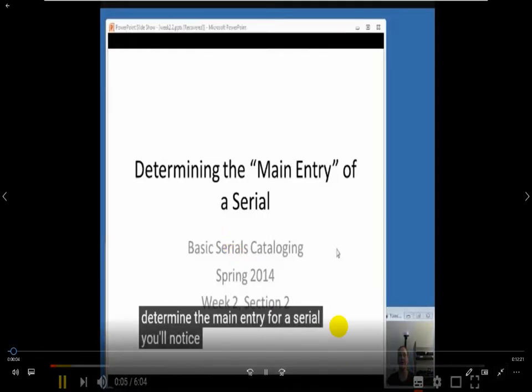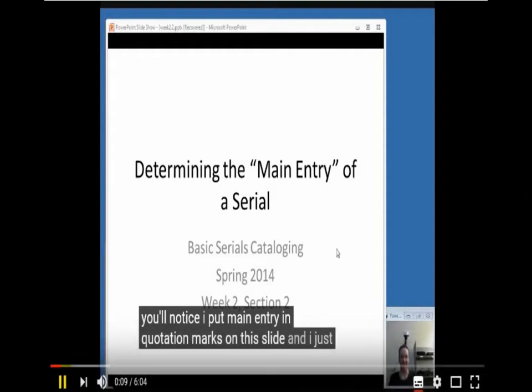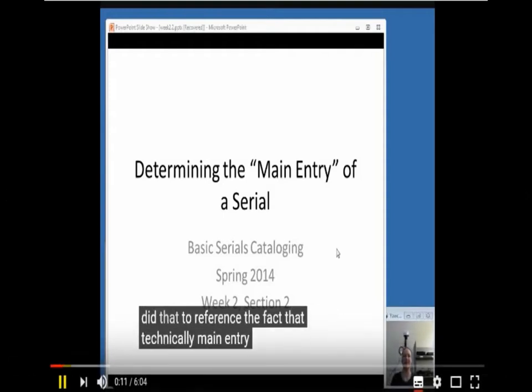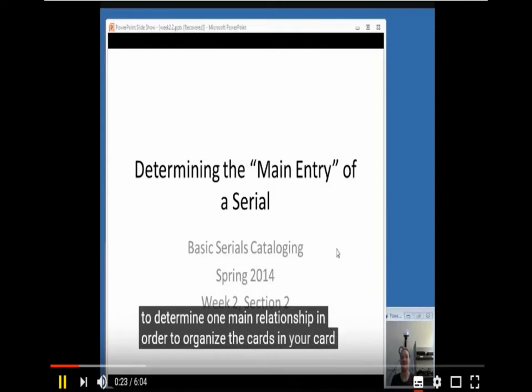You'll notice I put main entry in quotation marks on this slide, and I just did that to reference the fact that technically main entry isn't a term that's used anymore under RDA. It was from AACR2 and really was more relevant in card catalogs when you had to determine one main relationship in order to organize the cards in your card catalog.